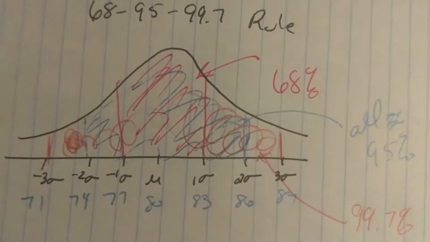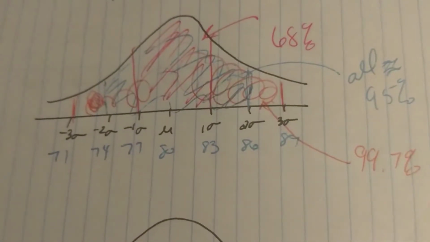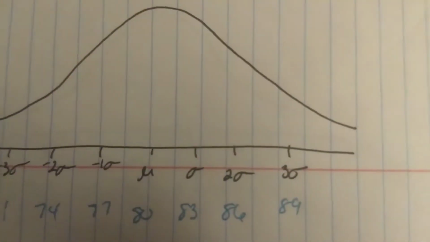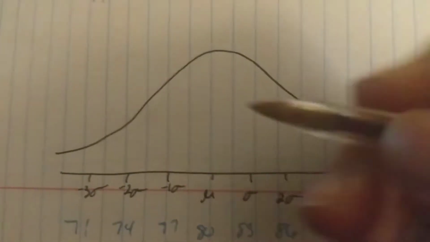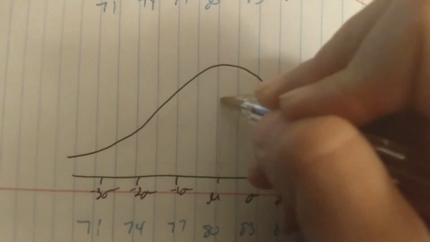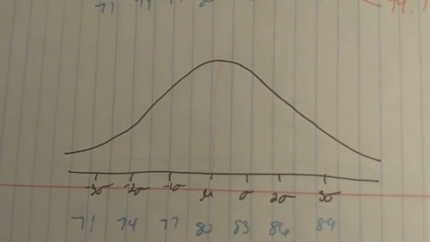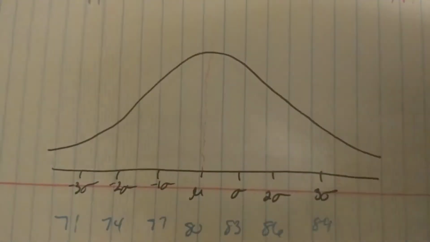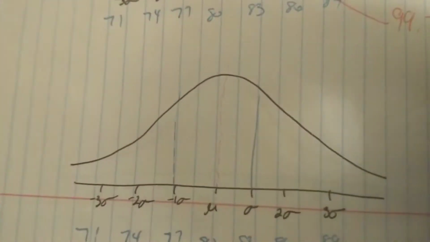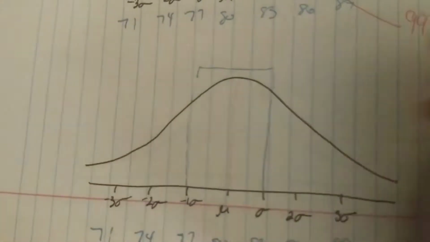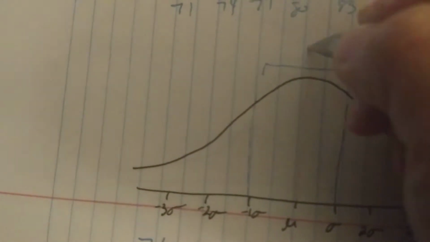Okay. Now how can we break this down a little bit further? If I'm looking at a curve, my mean is here at 80. I'm going to draw a little dashed line there at 80. If I go 1 standard deviation up and 1 standard deviation down, all of this would be 68% of the data.